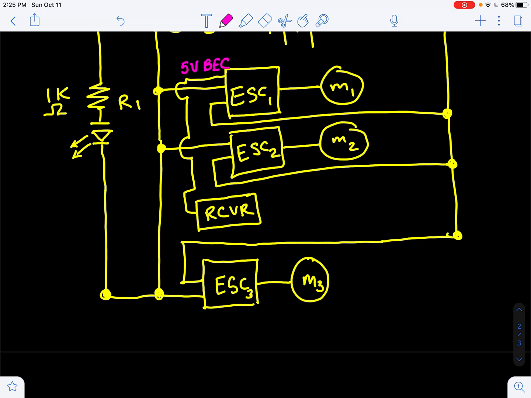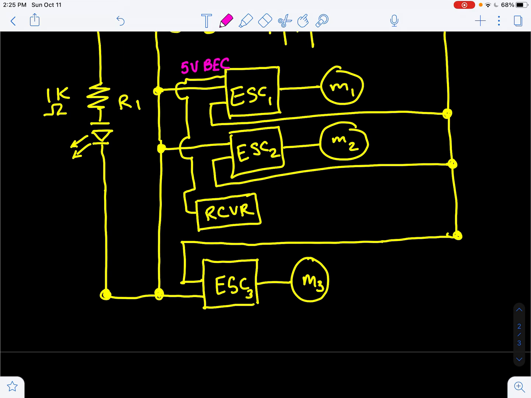Now, the other ESCs also have BECs built into them, so in some cases we disable that by cutting a wire on those ESCs. So when you're actually wiring up the robot, you do need to pay attention to the fact that we would have one electronic speed controller that has the wire still intact, and the other two ESCs would be disabled, or the wire would be cut.